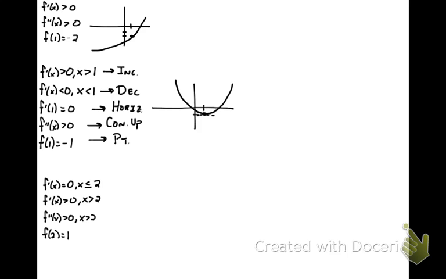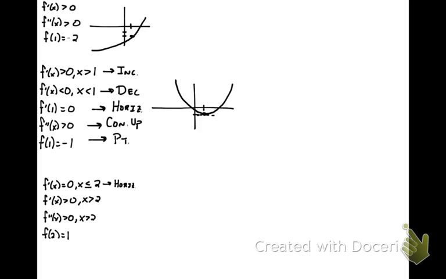In this example, we're given 4 pieces of information. I've rearranged them a little bit. First, we know that the derivative equals 0 when x is less than or equal to 2. So this means our graph should be horizontal when the x values are less than or equal to 2.